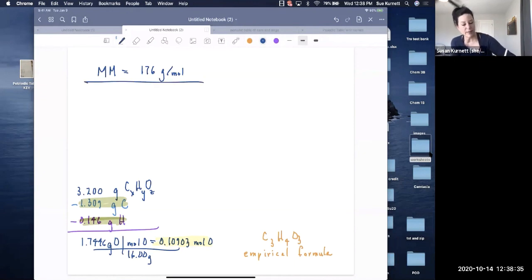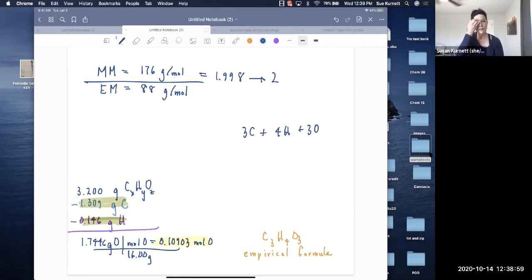The empirical mass is 3 carbons plus 4 hydrogens plus 3 oxygens. So add up all those molar masses and I get 88 grams per mole. And that ratio is 1.998. That sure looks a lot like 2. So the molecular formula is twice as many everything as the empirical formula.